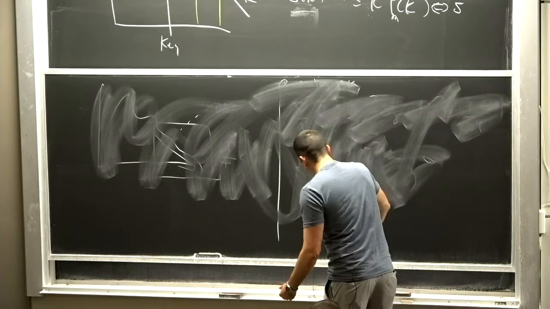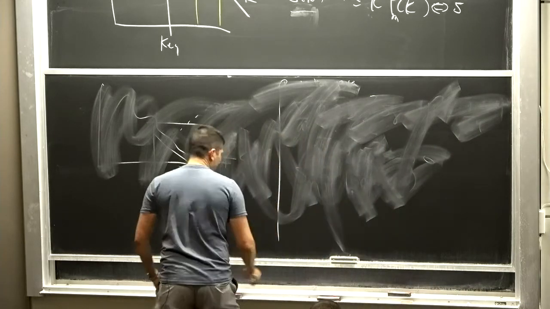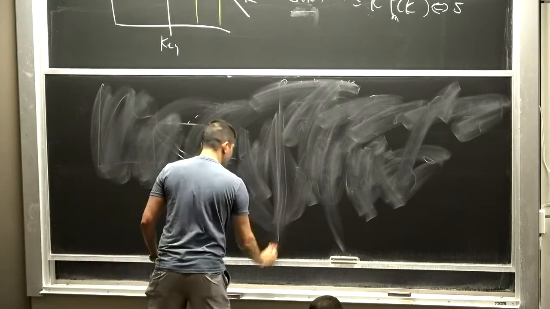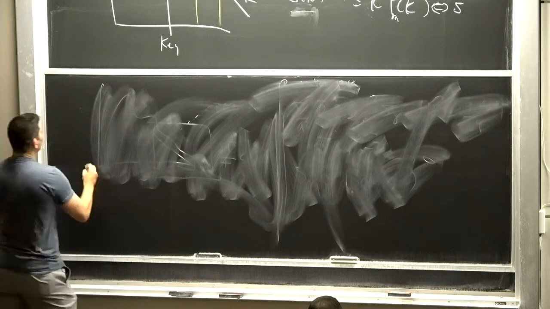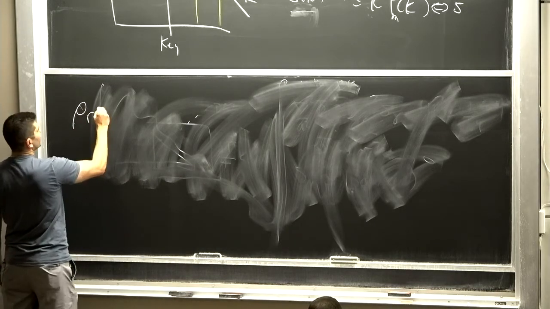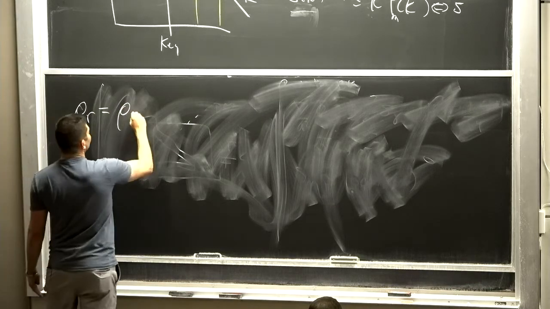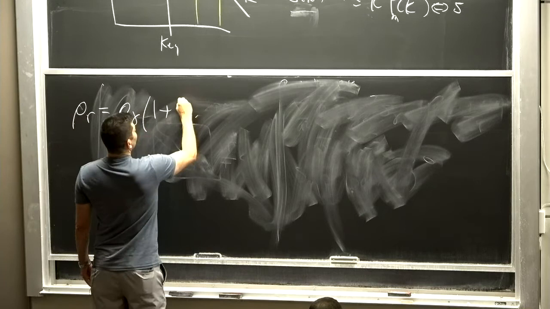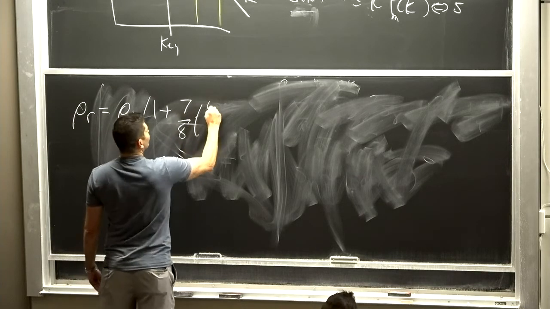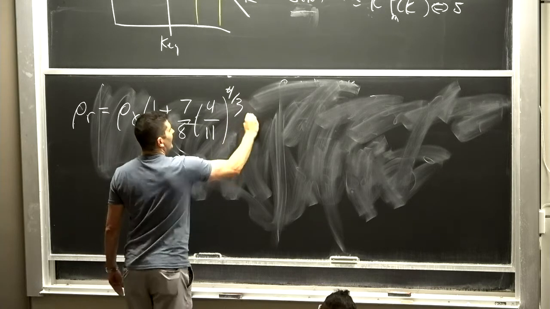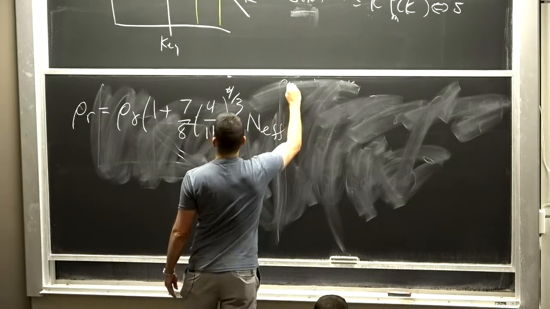It's conventional to write the energy density in a funny way, which is to write that the energy density in radiation is equal to the energy density in photons times 1 plus 7/8 times (4/11)^(4/3) times a quantity called N effective, okay?